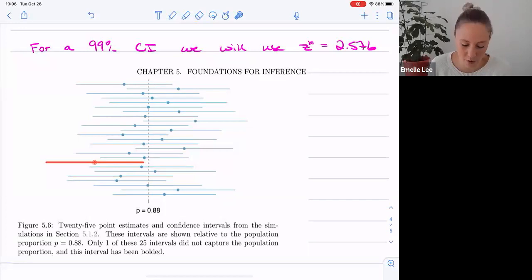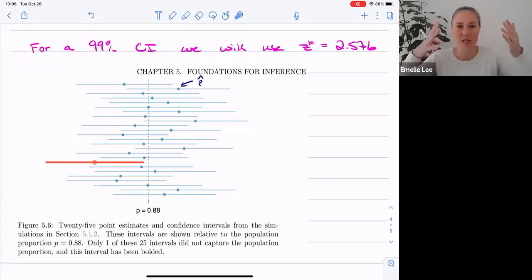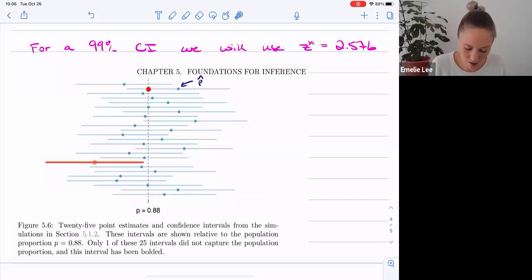The sample proportion is the dot here, and then we've built these plus minus bounds. These are our confidence intervals. So even though this p hat is quite a ways off of 0.88, once we build our confidence intervals around it, they capture the population proportion.